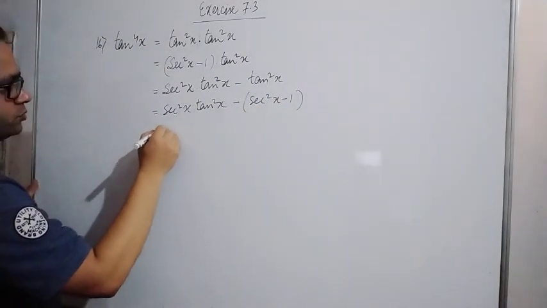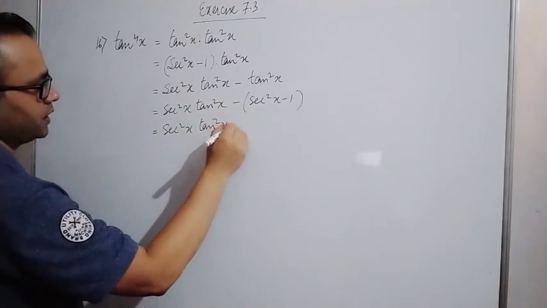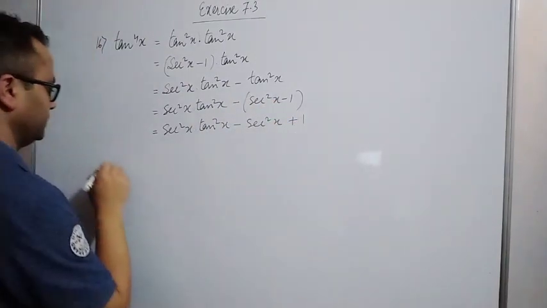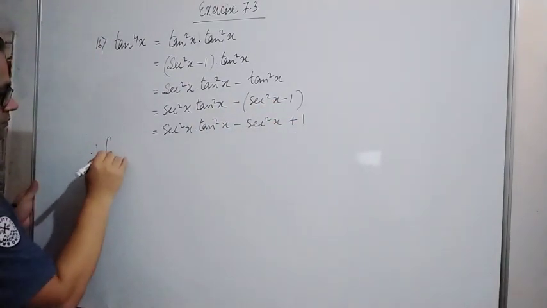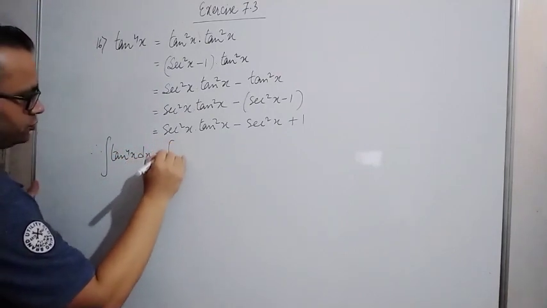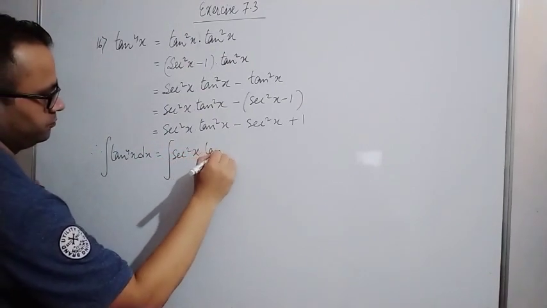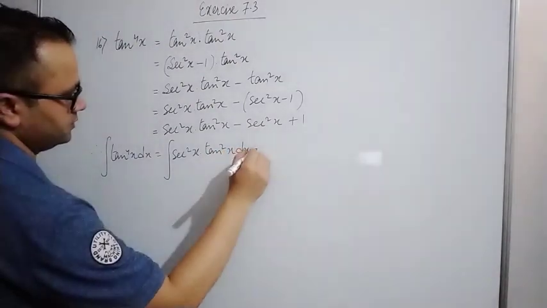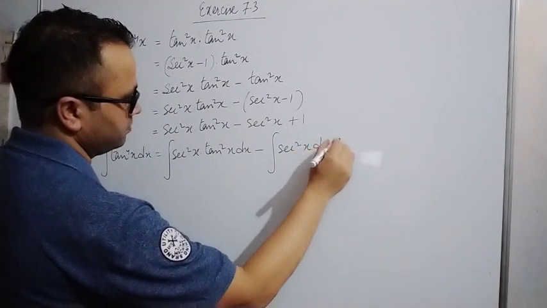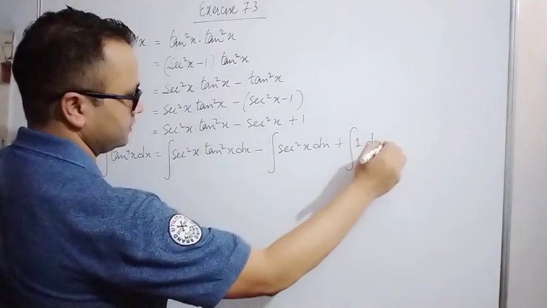So this equals sec square x into tan square x minus sec square x, and the minus minus is plus 1. Therefore integration of tan to the power 4x dx equals integration of sec square x into tan square x dx minus integration of sec square x dx plus integration of 1 dx, or only dx.